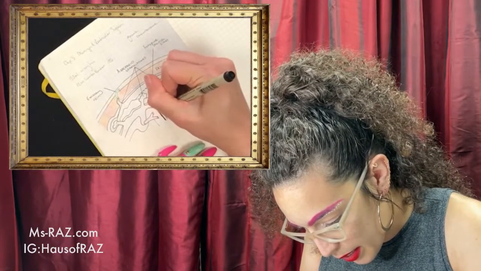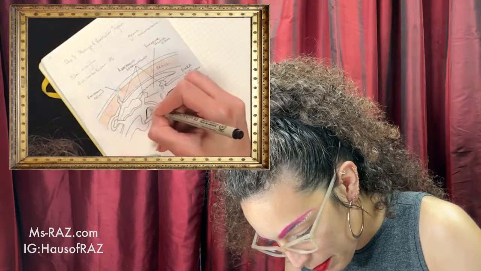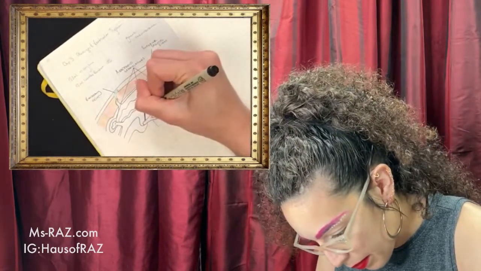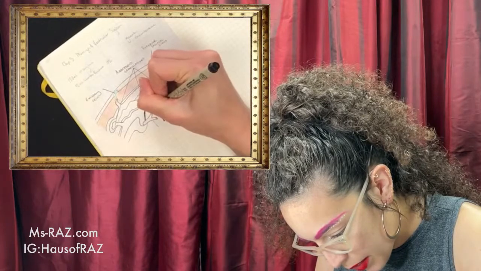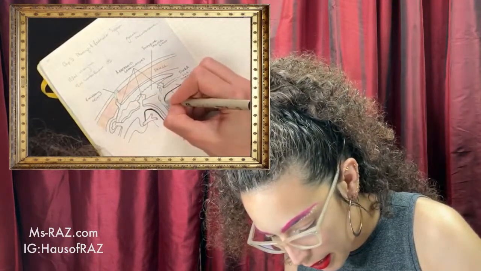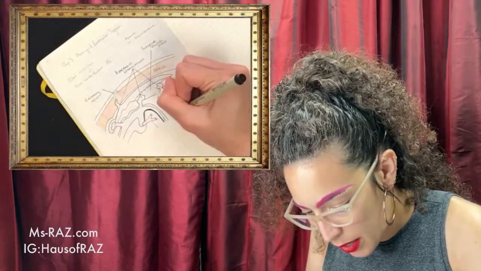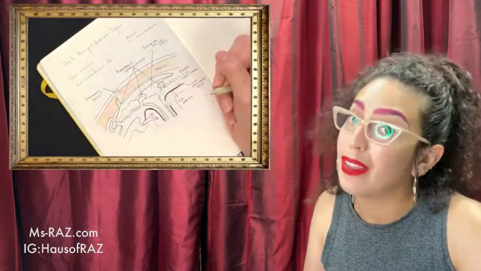I'm going to thicken up this pia mater. I should have left it open so I could have actually colored it and not just done it black, but that's okay. We are learning together.